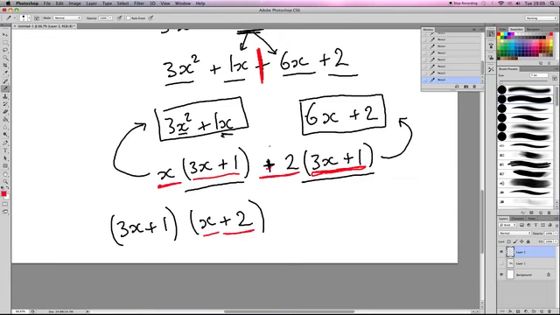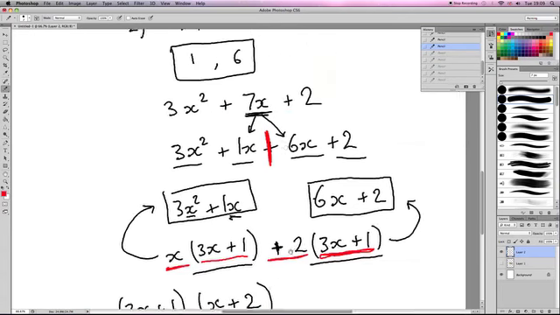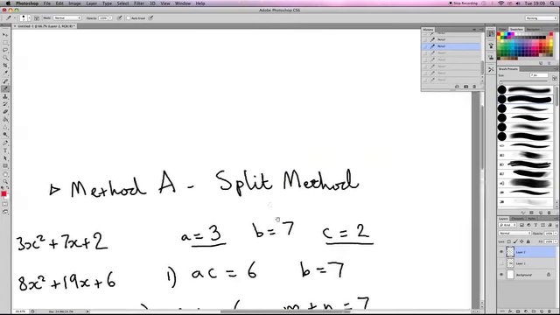If that was a negative, if I took it out, it'd be negative 2 as a factor, but we don't have to worry about that because that's actually a positive there. So we've taken out a positive 2, there's a plus 2 here. That is pretty much the split method right there.